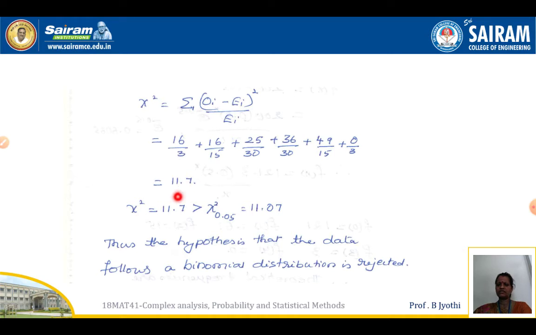Look at the difference: 11.7 here, but the table chi-square value is 11.07, and 11.7 is greater than the chi-square value. So when it is greater, the hypothesis that the data follows a binomial distribution is rejected. That means it doesn't follow the binomial distribution.